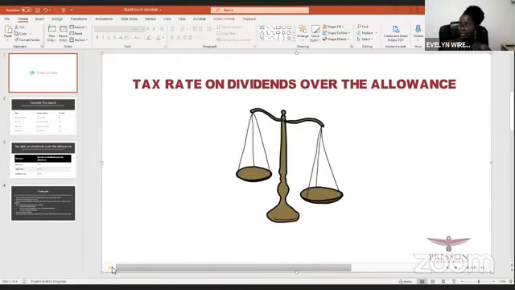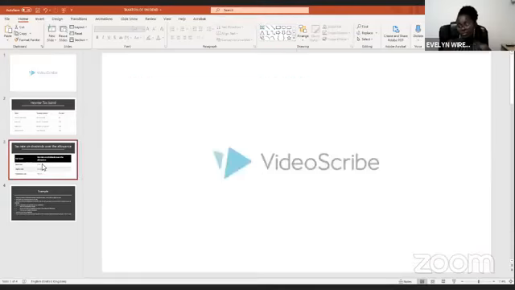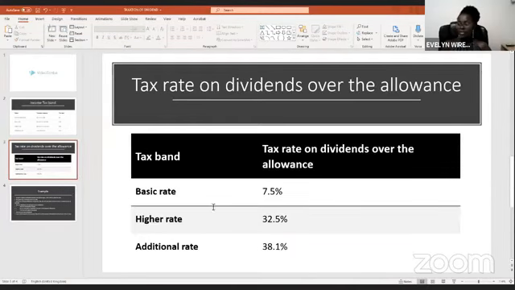So, tax rate on dividend over allowances. I want to correct something. If you are within the basic rate tax band, let's say your income is from £0 to £50,000, and you have a dividend above the £2,000 dividend allowance, then any excess above the £2,000 dividend allowance will be taxed at 7.5%.